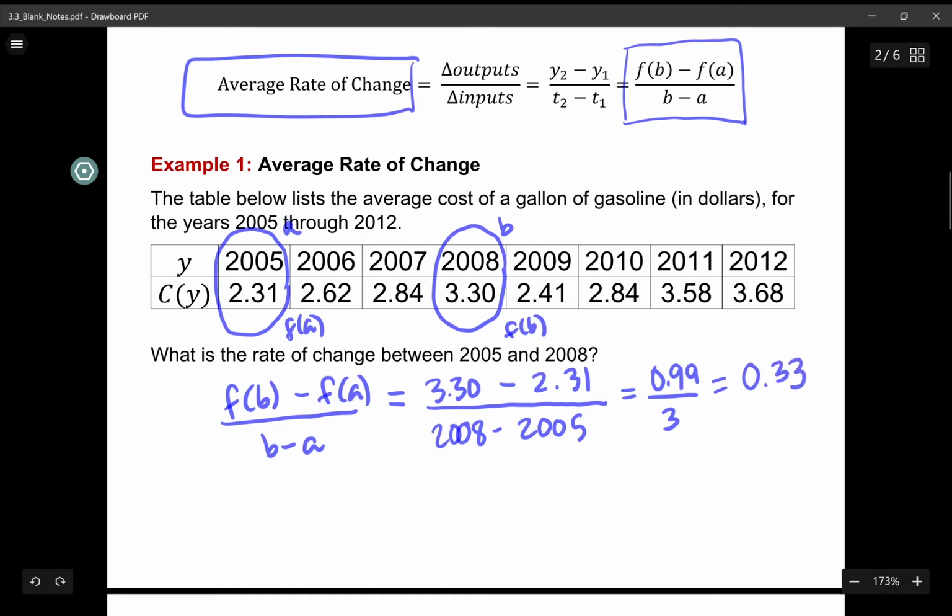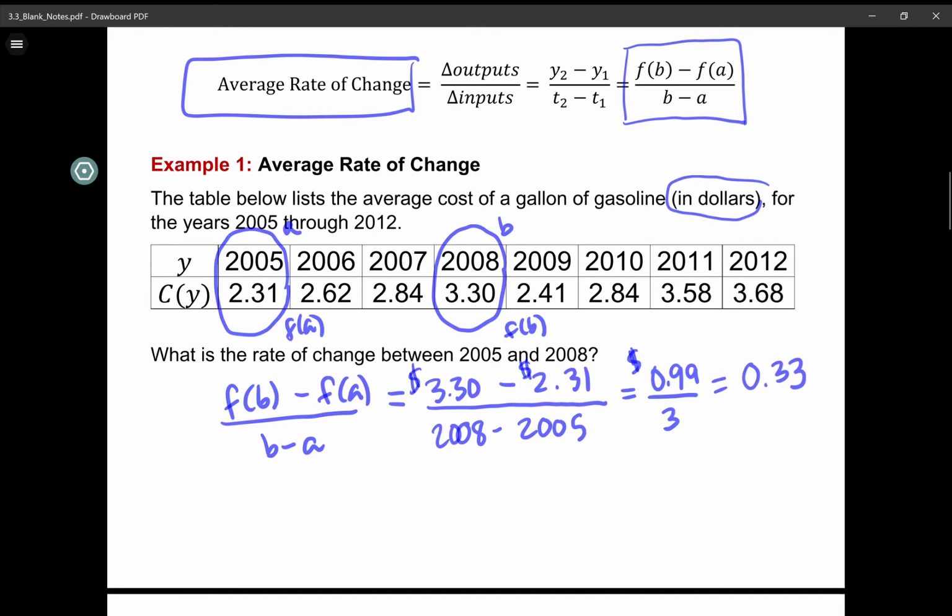The answer is 0.33, but now we need to think about the units. Let's look again at this problem. The units on the output, the 2.31 and the 3.30, remember those are dollars. So we are subtracting $2.31 from $3.30, so we got 99 cents, and that's our units in the numerator.